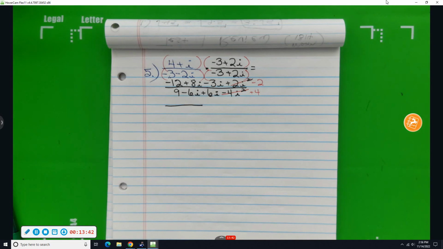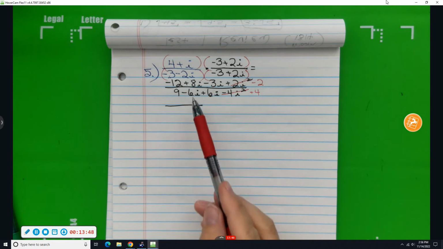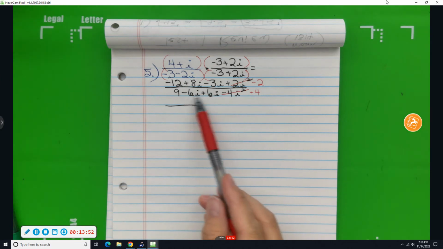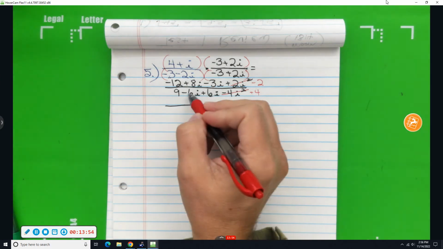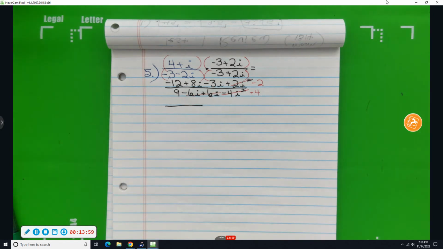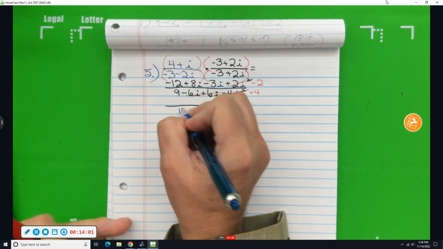In the denominator, remember our goal is to have no i's left over. I think we've done it. Negative 6i plus 6i, what's happening there? They're subtracting out. So we have 9 plus 4, that's 13.